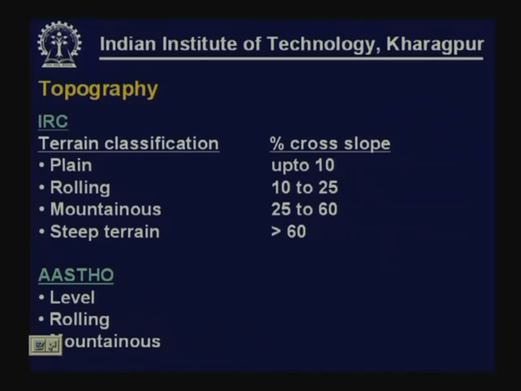Now, we have already discussed earlier the topography classification. Indian Roads Congress uses 4 types of terrain classification, namely plain terrain, rolling terrain, mountainous and steep terrain, and the terrain is classified based on the percentage of cross slope, that is the slope approximately in the perpendicular direction of the road.